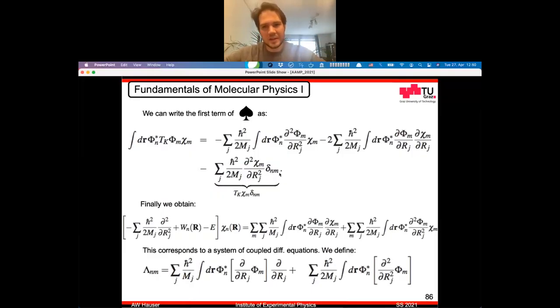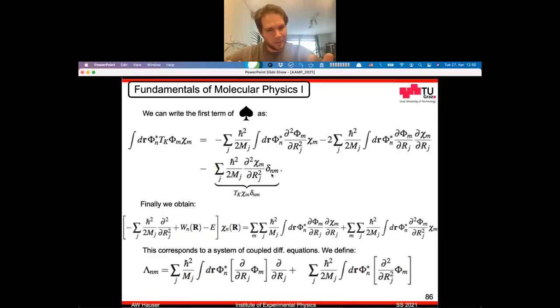Okay, so these are the three terms that stem from the second derivative: a first term, a second term, and the third term. The first term has the second derivative of the electronic wave function. The second term has these mixed derivatives, one of the electronic function and one of this coefficient. And the third one has the second derivative only for the coefficient and the delta nm because of the orthonormality.